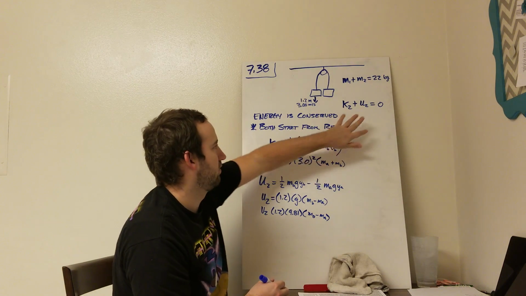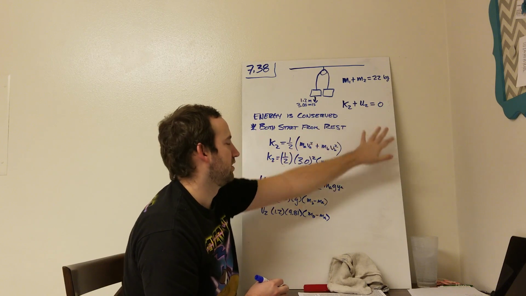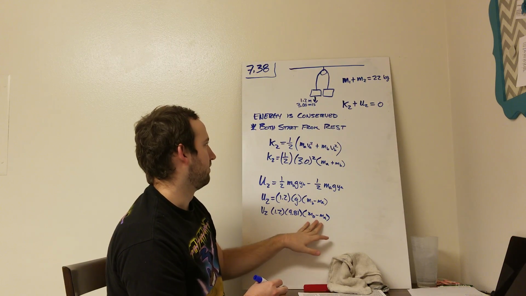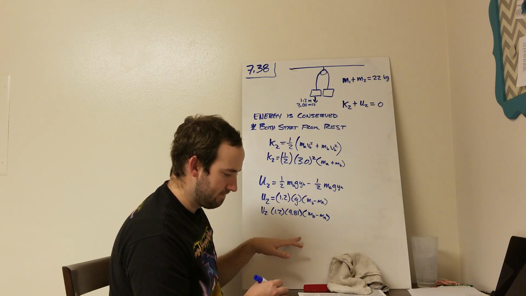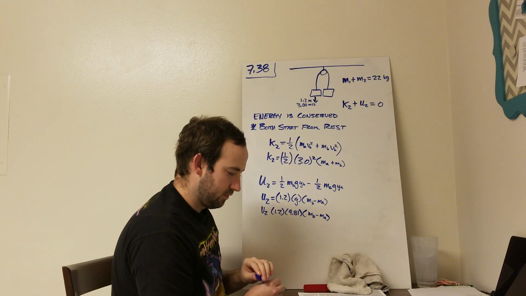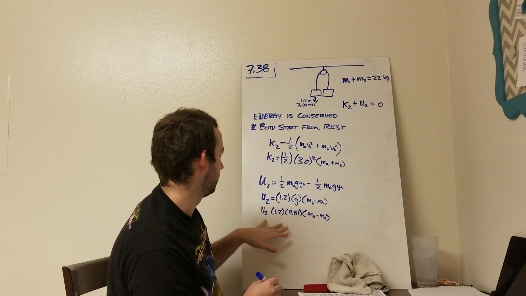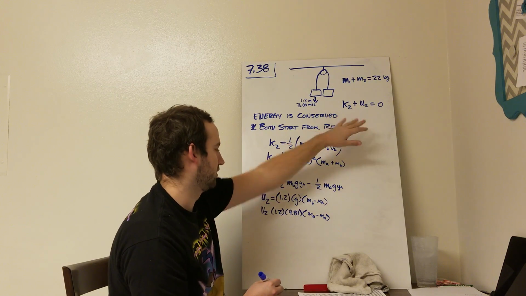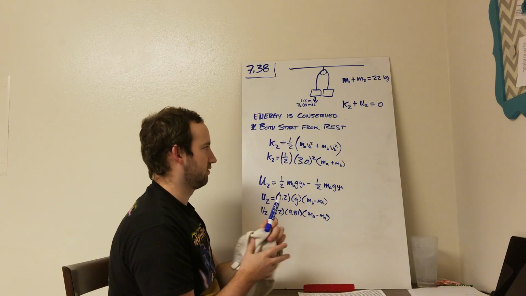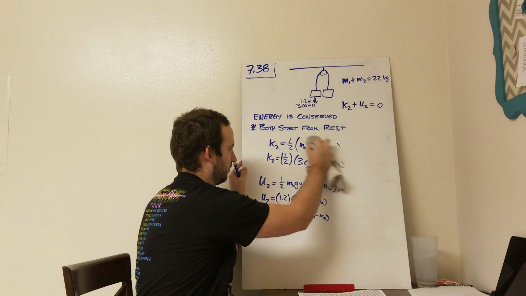And since we know that both of these equal 0, we can use that to our advantage. So let's plug our U2 and our K2 into this equation. I'm going to erase what I've done so far just to give more room.